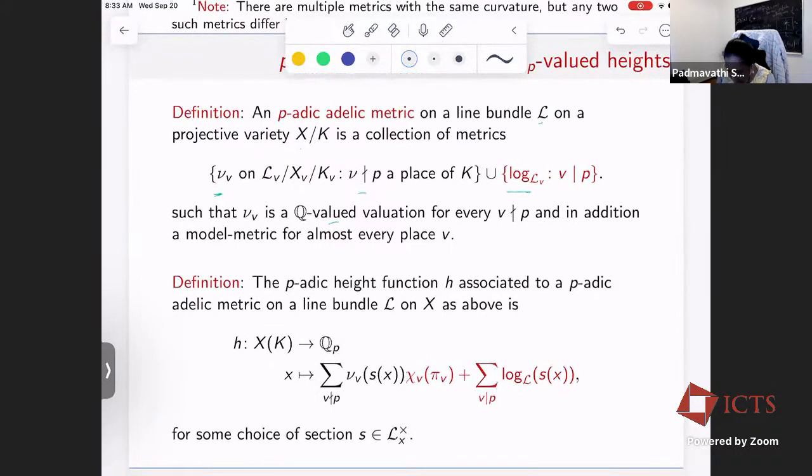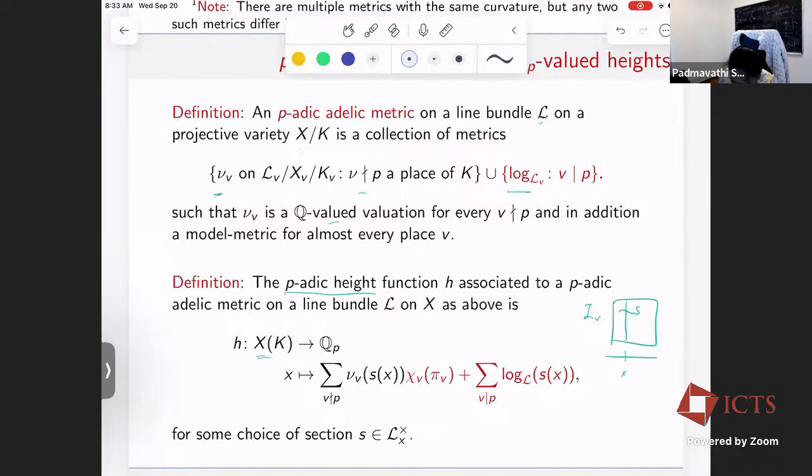So once you have all of this data and you have the auxiliary choice of an idele class character, you can package all of this information together to build a p-adic height associated to this p-adic adelic metric. Just like the usual Néron height, it's given as a sum of local contributions. So you pick your favorite k-point on your variety, and you choose a section of this line bundle above this point, and you can say it's a section that doesn't have zeros or poles.